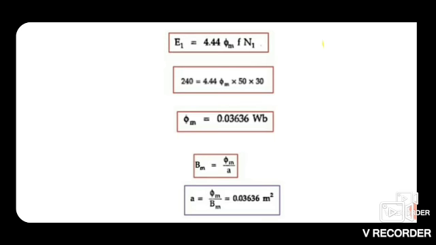Therefore, phi m is equal to 0.03636 Webers. From this we can find the value of area by using the formula Bm equal to phi m divided by A. Therefore area is equal to phi m divided by Bm, that is equal to 0.03636 meters squared. So 0.03636 meters squared is the area of the core.